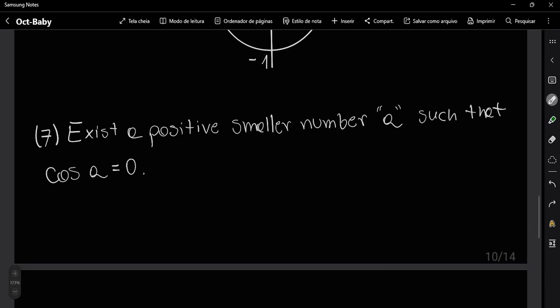And for this A, sine of A is equal to 1.